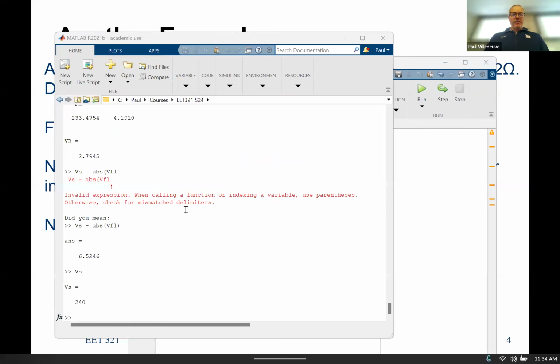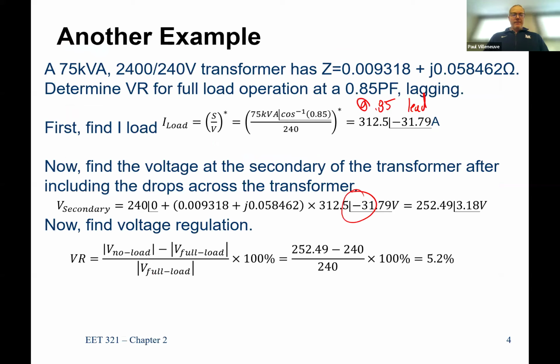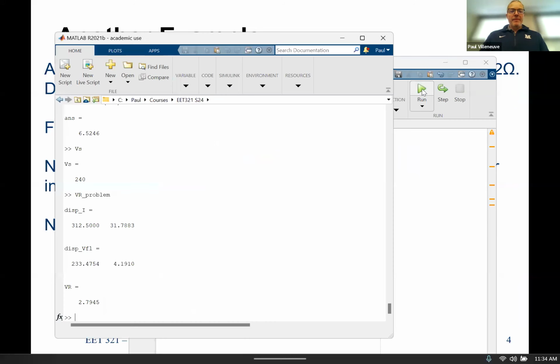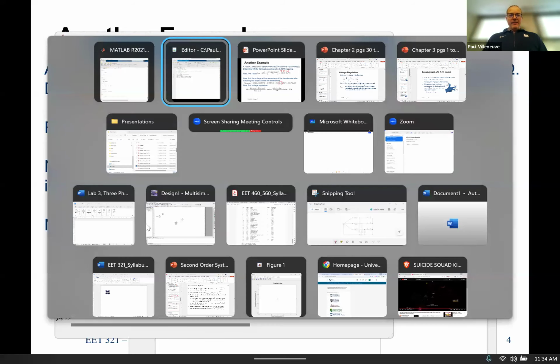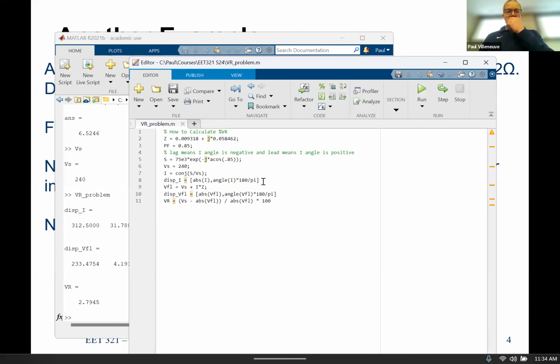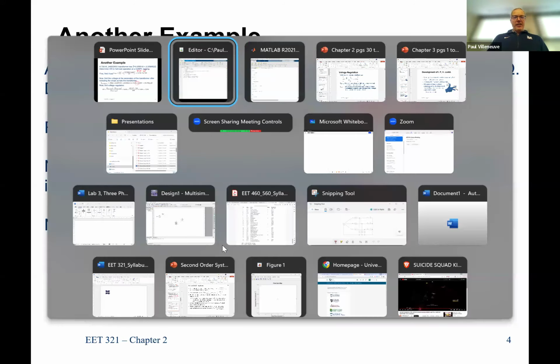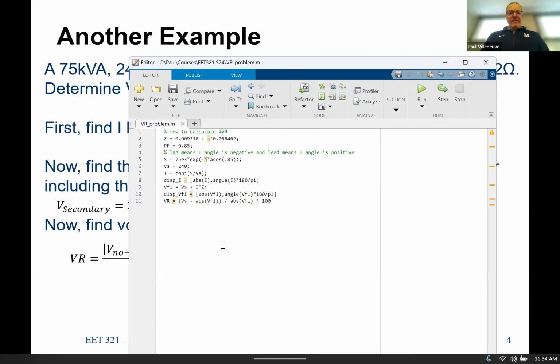I'm getting 233. Let me try running that again, just so that I'm not messing something up. So I get the correct current. Maybe you put 240 minus. Oh, good, it should be minus VS plus. Second one. V no load minus V full load. We know what VS is, but the voltage on the secondary with that value should be higher. Why is it lower?